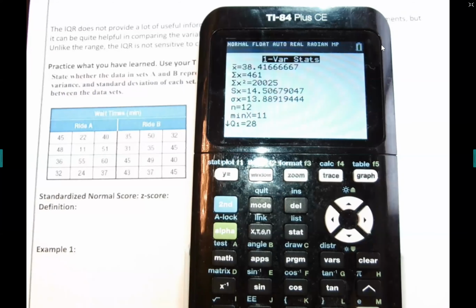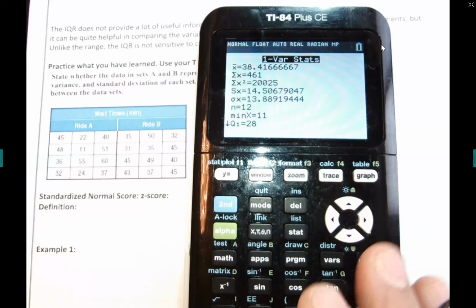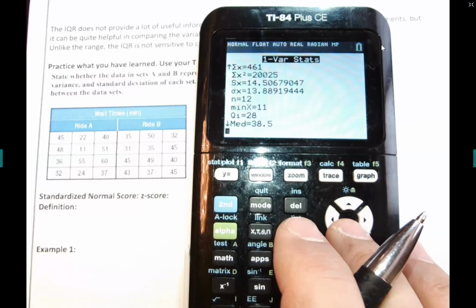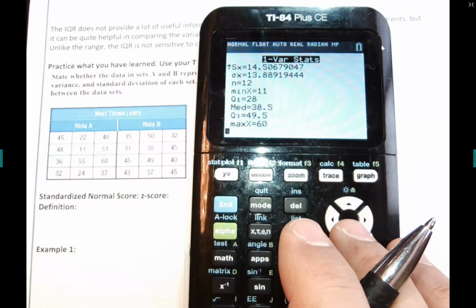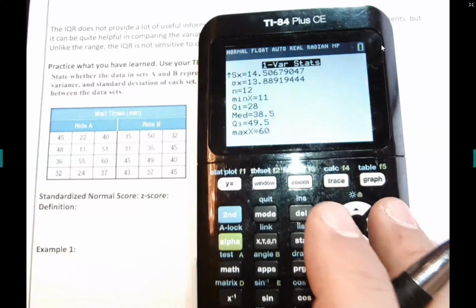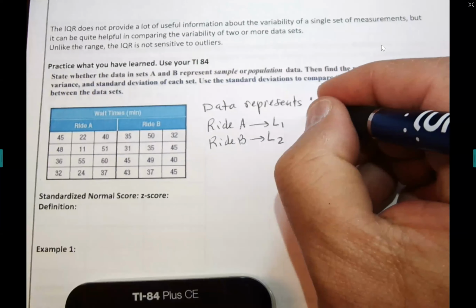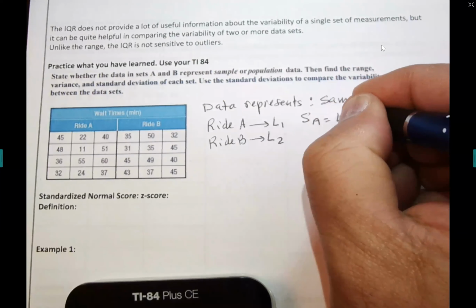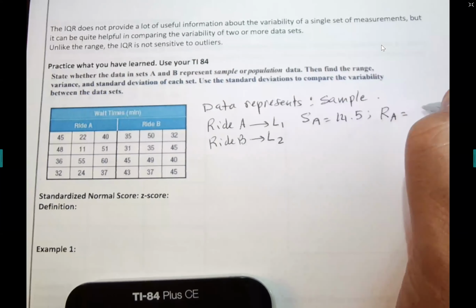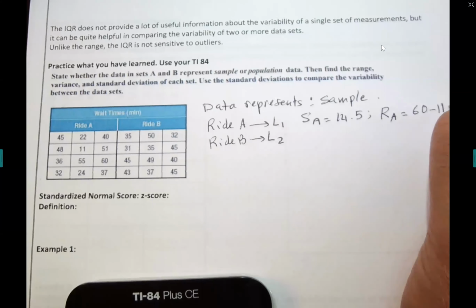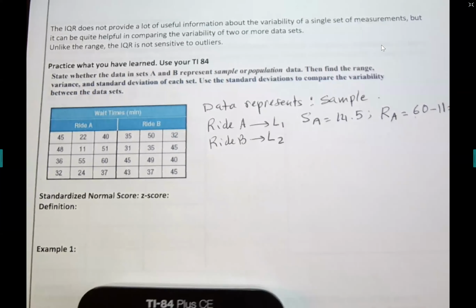You are using a sample here. So S is 14.5. And the minimum is 11 and the maximum is 60 because we need it for the range. I'm going to call it SA is 14.5. And the range of A is 60 minus 11, which is 49. Maximum minus minimum.